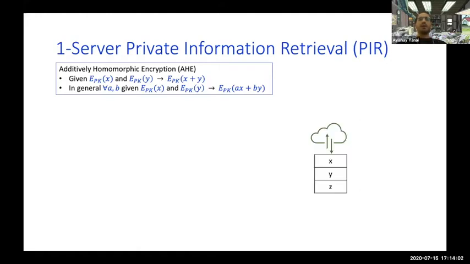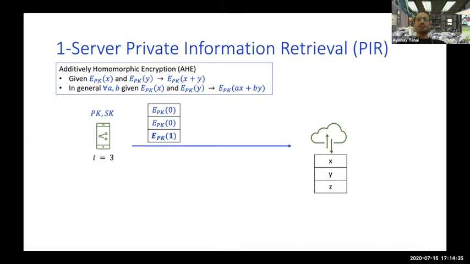Now, in PIR, the server holds a table with n entries, and the client wants to obtain the I-th entry of the table without revealing the index I. Suppose now that there is a key pair PK and SK such that the client has both keys. These are the encryption and decryption keys. And the server has only the encryption key. So the scheme goes as follows. The client forms a vector of size n, with each entry containing an encryption of zero, except the I-th entry, which contains an encryption of 1.